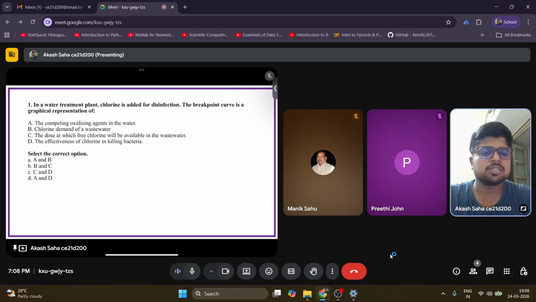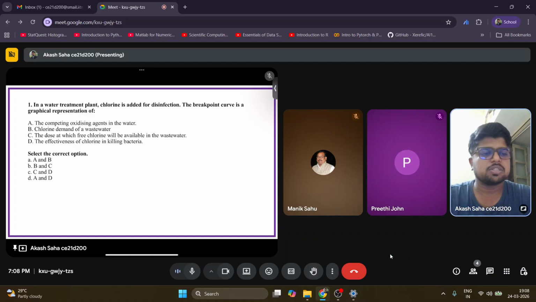The first question says that in a water treatment plant, chlorine is added for disinfection. The breakpoint curve is a graphical representation of: A, the competing oxidizing agents in the water; B, the chlorine demand of a wastewater; C, the dose at which free chlorine will be available in the wastewater; and D, the effectiveness of chlorine in killing bacteria.